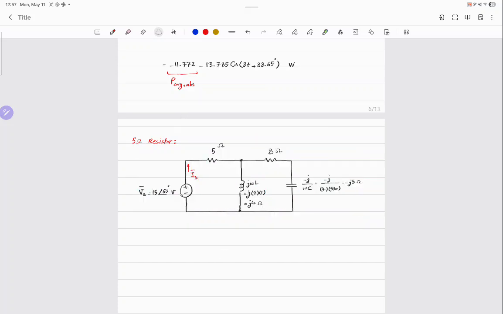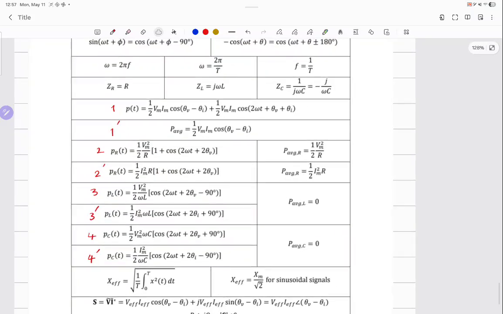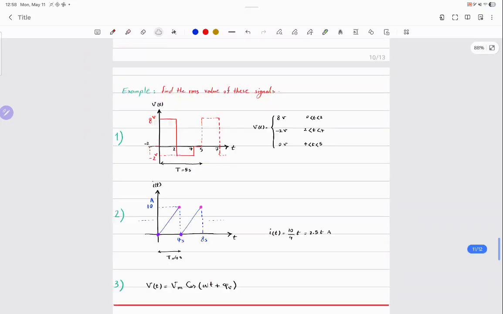Can you tell me which equation in the last page I should go for? Two or 2 prime? Why 2 prime? You already calculated the current coming from the voltage source, which is passing through the resistor. So you have the current, go for 2 prime. You don't have its voltage.